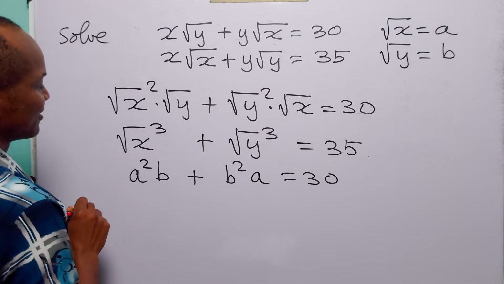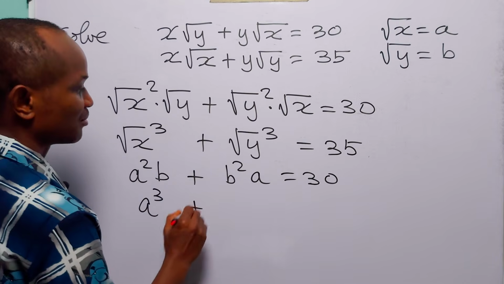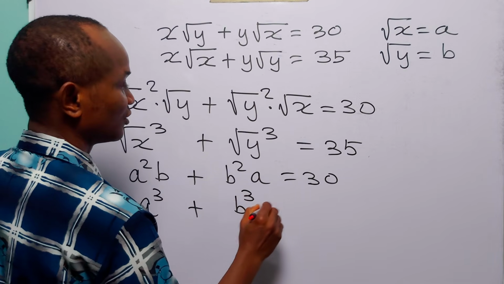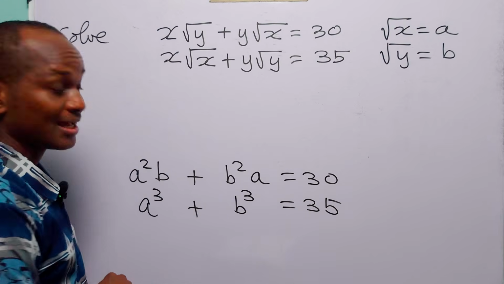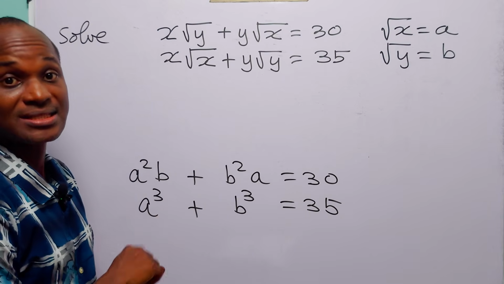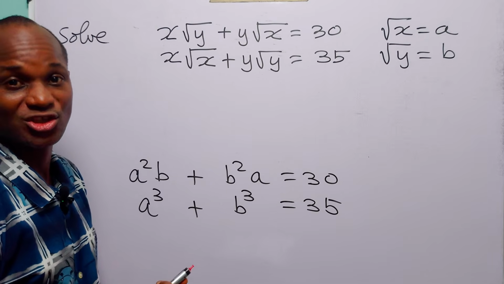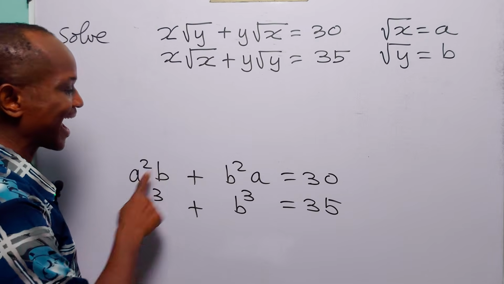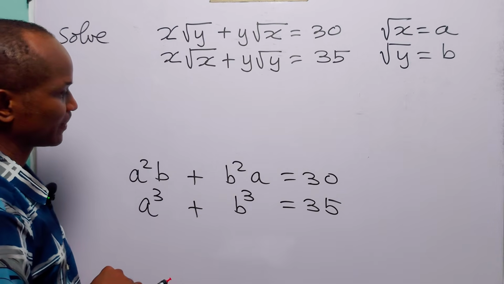And we can write the second equation as a cubed plus b cubed is equal to 35. Now, the next step in solving these simultaneous equations is to find a simple relationship between a and b, which we can use in substitution.